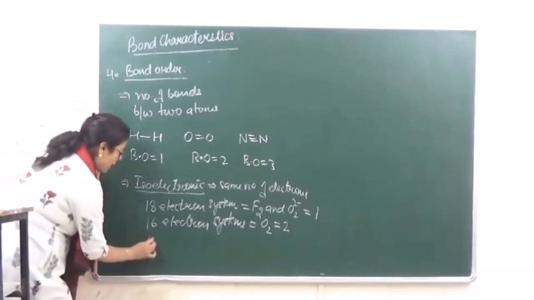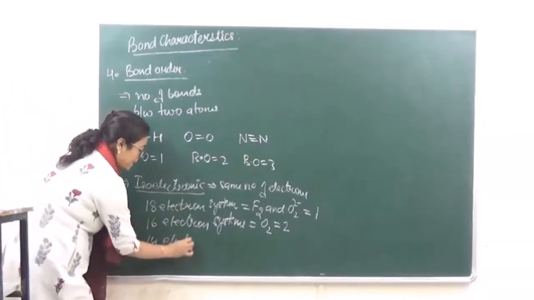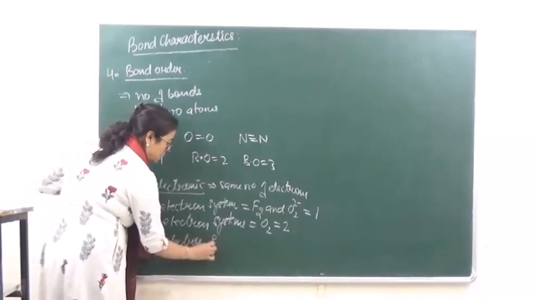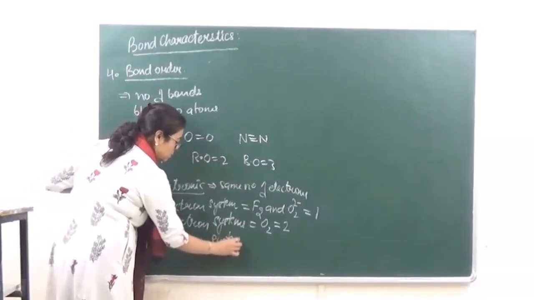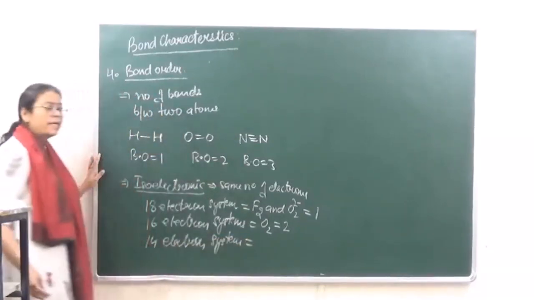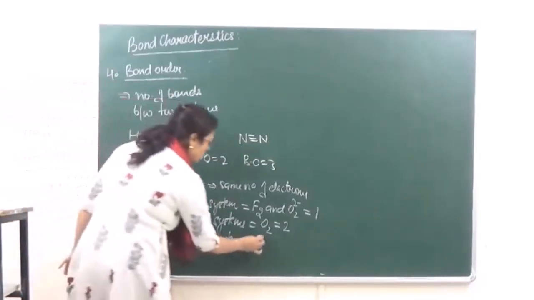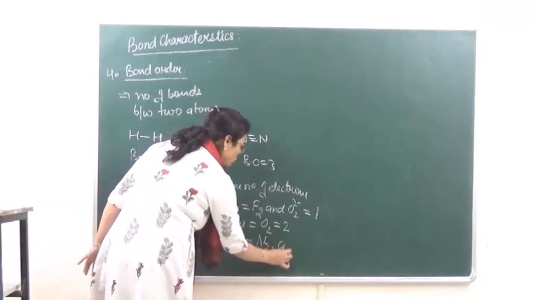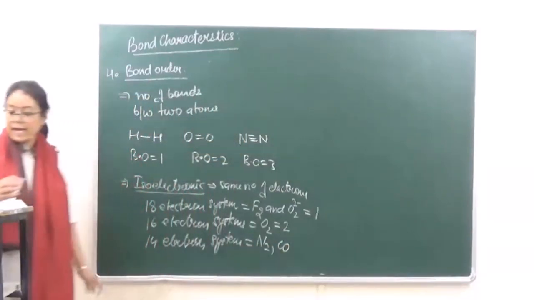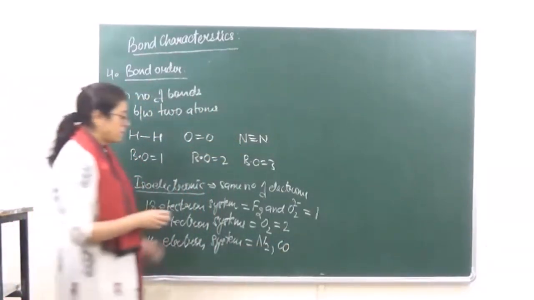Then all those having 14 electron system, for example, we have N2, CO, right? And also NO positive.